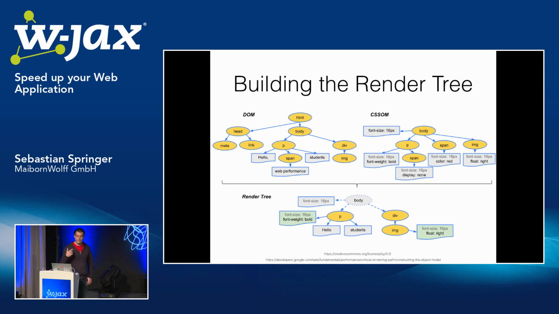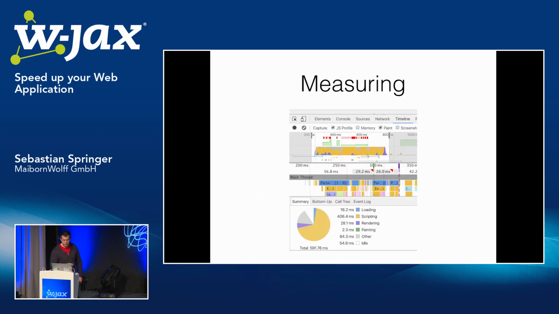How you can measure the building of those structures, it's fairly simple. Just open the DevTools of your browser and go to the timeline, and then you see what your browser does under the hood. The browser takes 60 milliseconds for loading all the stuff. Then it does a lot of scripting, which is JavaScript.